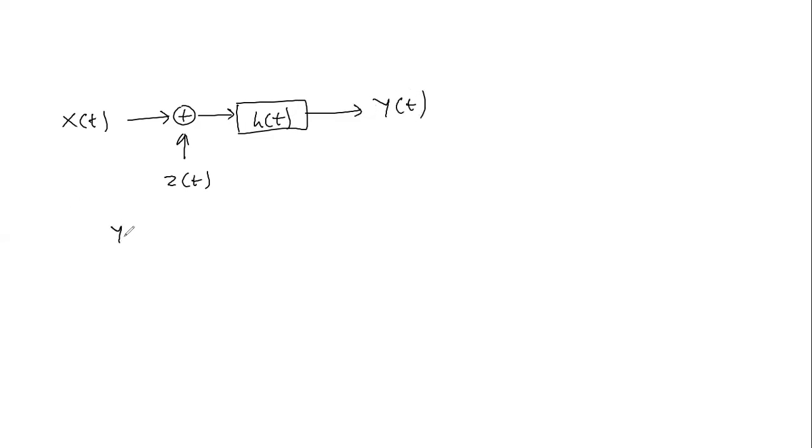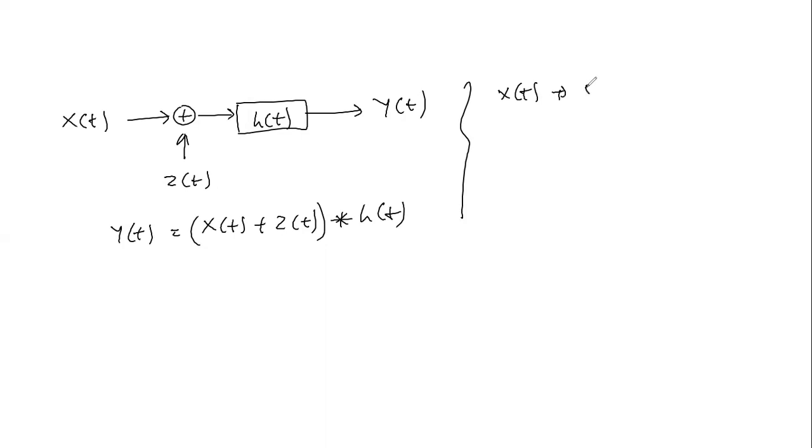So here, Y of t will be the same as S of t plus Z of t, which is what is getting to the receiver, convolved with H of t. So in other words, S of t is the signal waveform, and Z of t, let's just define.